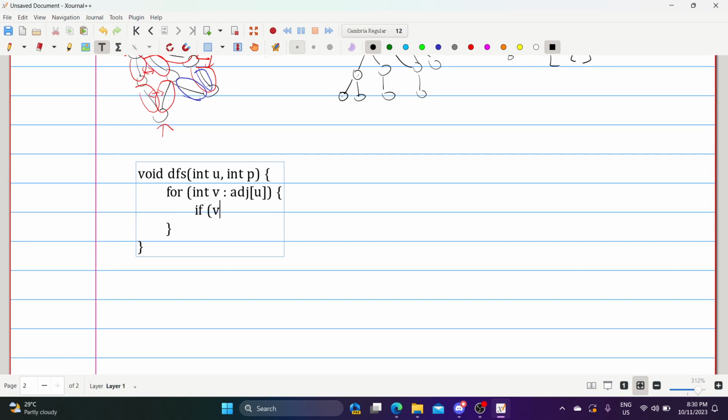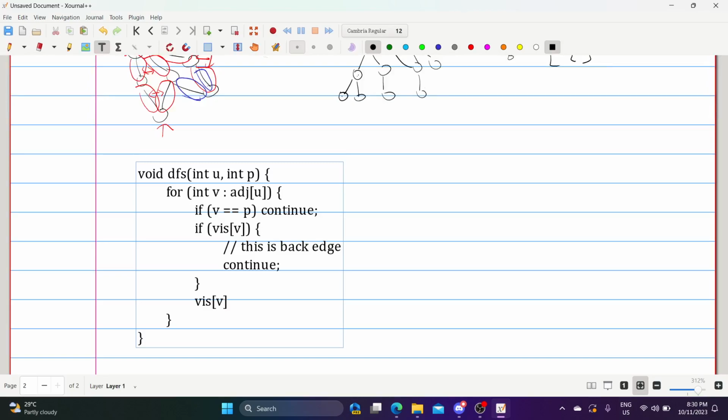Then if v equals parent, then I just continue. Otherwise, if this v is already visited, then this means that we are currently at a back edge. After I finish processing the back edge, I continue. Otherwise I set this v equal to true, then I DFS(v, u). So this is how you find the back edge.